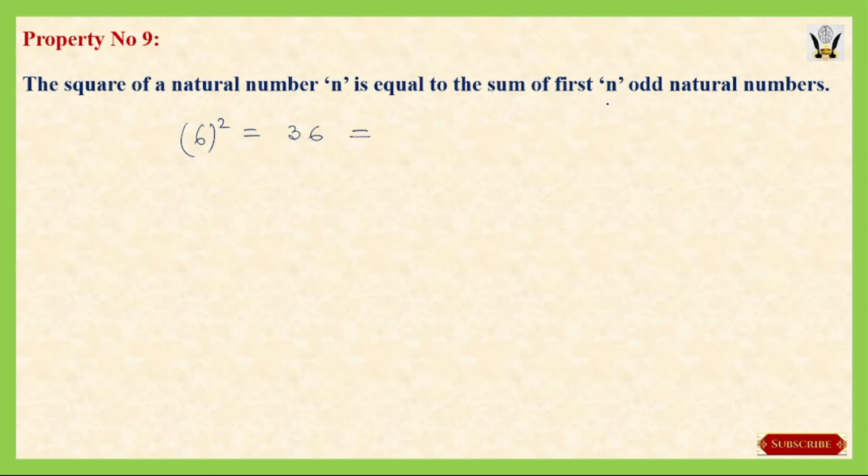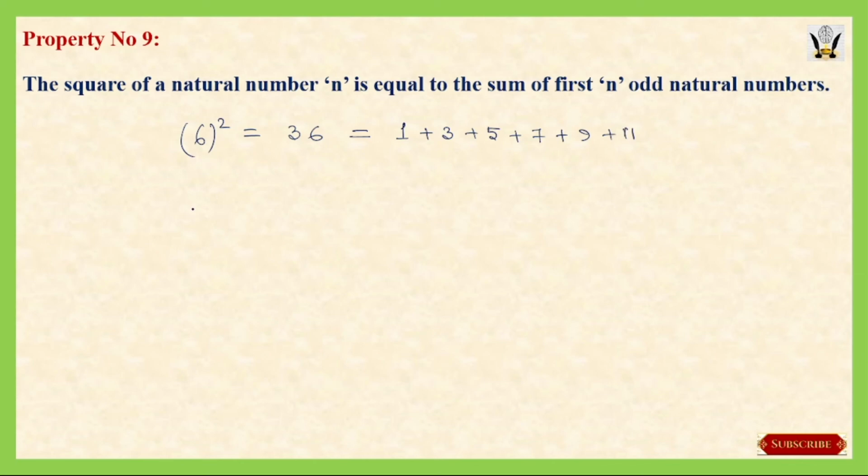It will be the first 6 odd natural numbers: 1, 3, 5, 7, 9, and 11. So adding 11 plus 9 is 20, then 27, then 32, 35, 36, and this is what this property says.